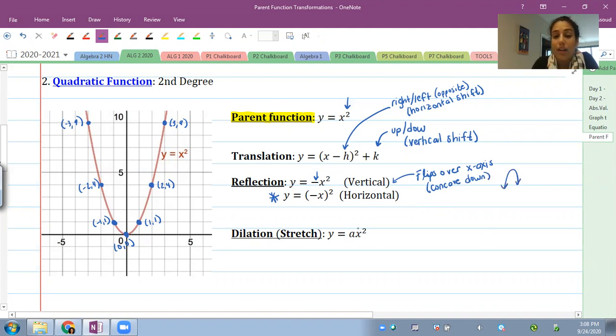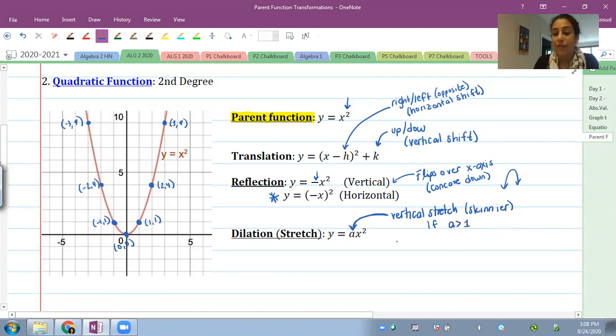And then a dilation if you have an a value. So here's what you've got to make sure you write down. It is a vertical stretch, right? Vertical stretch, skinnier, if a is greater than 1.